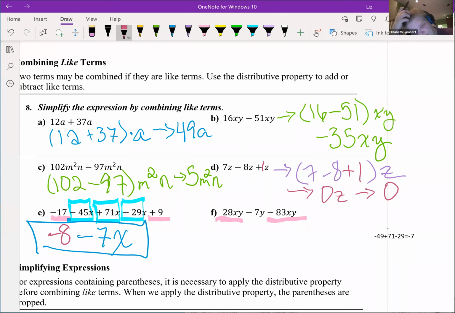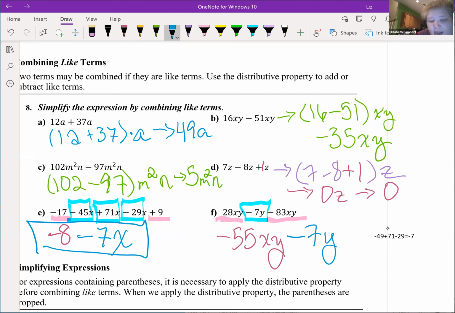So negative 28 minus 83, it's negative 111. Negative 111xy. And then again, that negative 7y, there's nothing to combine it with, so we just copy it down. Minus 7y.